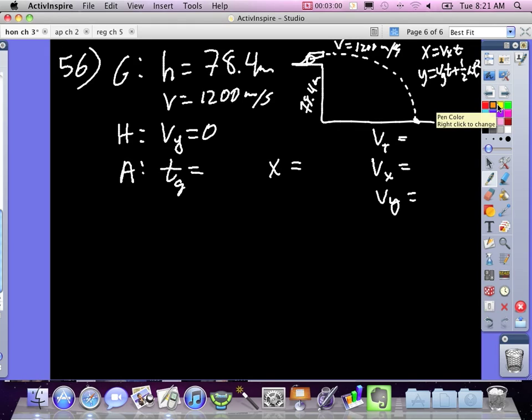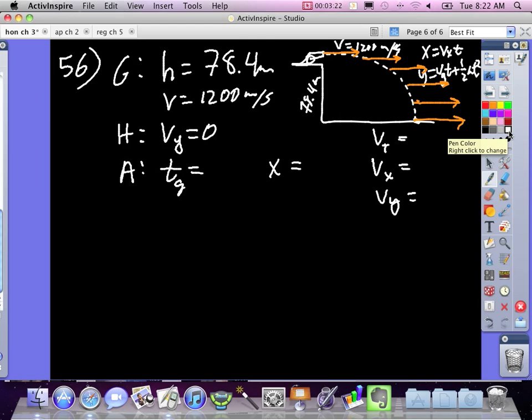If you'll allow me to say that this is the horizontal speed. We talked about that yesterday, where I said that never changes. It's always going to be the same. The thing that's going to change is the vertical velocity.